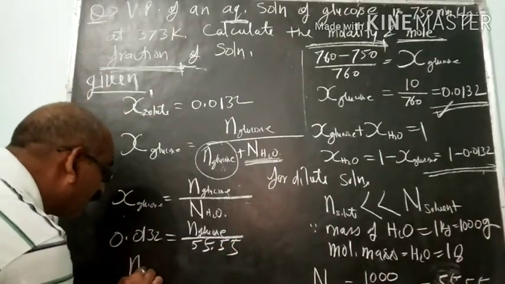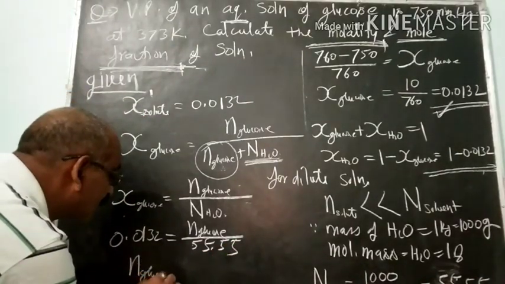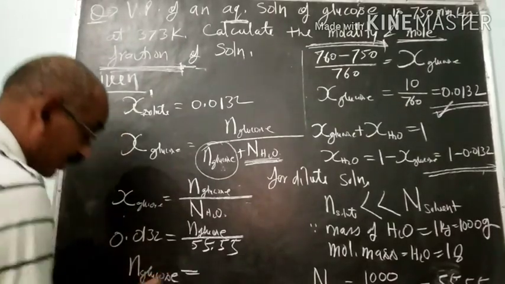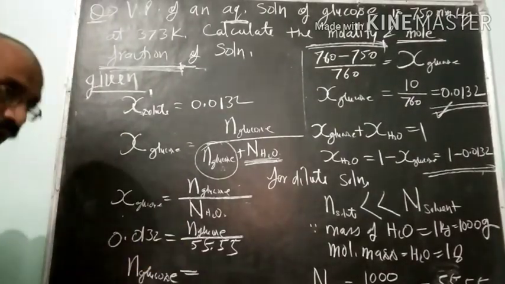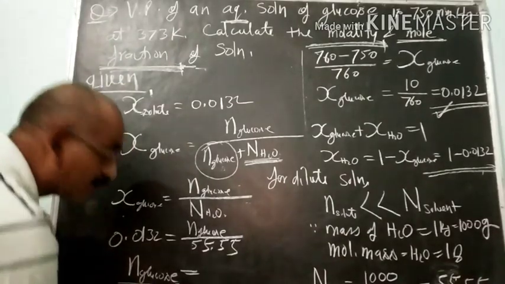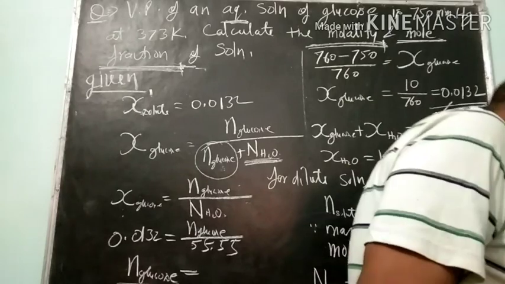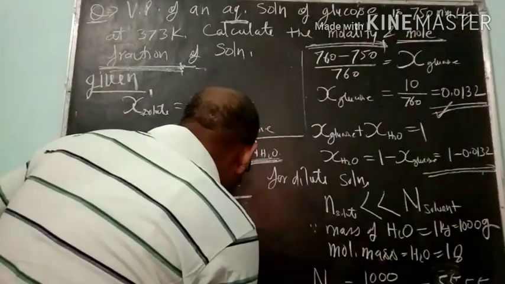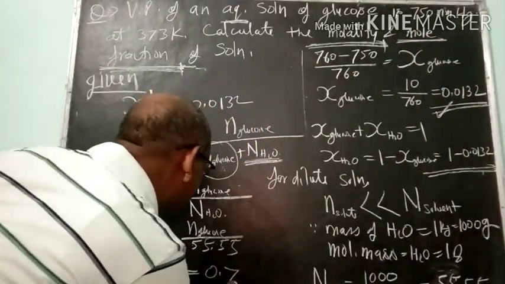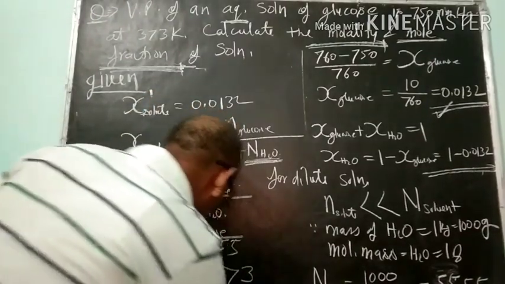In this way the number of moles of glucose dissolved in 1 kg of solvent may be calculated, and it comes 0.73.